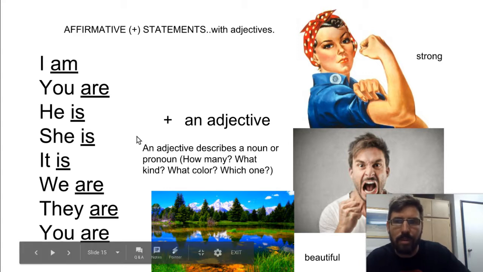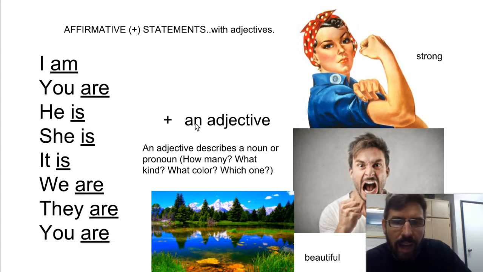Okay. We also use adjectives with these be verbs, right? So if I'm talking about this woman, you see this woman right here. Do I say he is or she is? What do you think? She is. I'm going to say she is strong. She is strong, right?